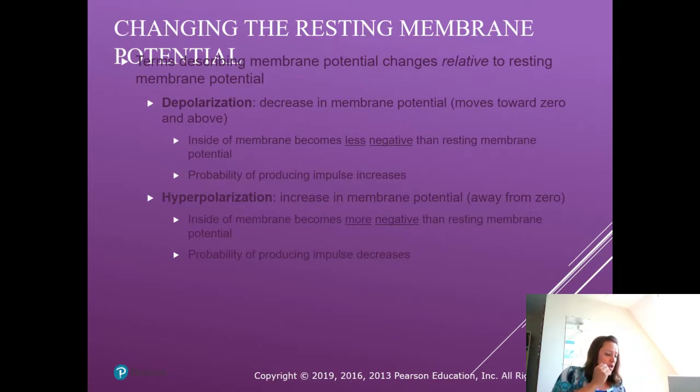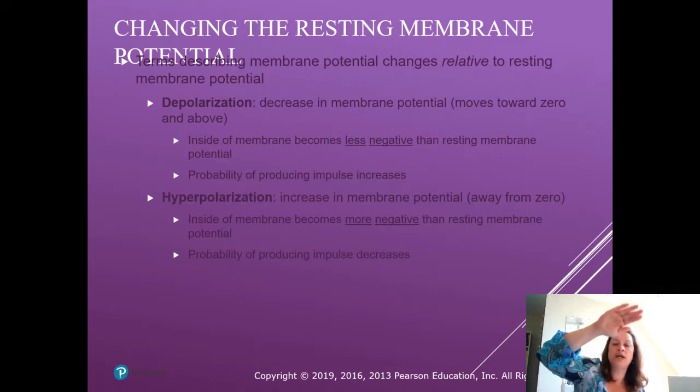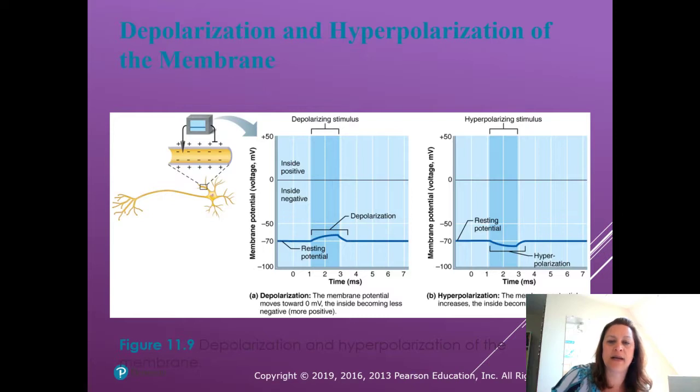When we talk about the action potential, we're going to start at minus 70 millivolts. And from there we're going to decrease the membrane potential. We're going to move it from minus 70 up. That's called depolarization. And then we're going to cause a repolarization event and then what's called a hyperpolarization event, all by moving ions. It goes from being less negative to being more negative, etc. We're going to look at that in a second.